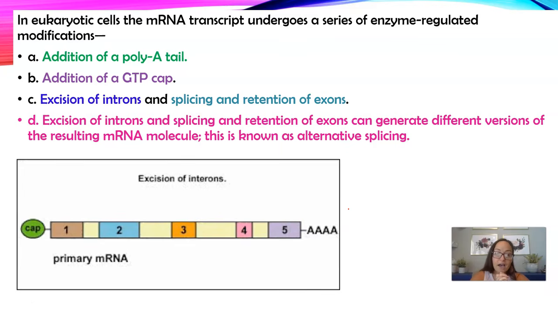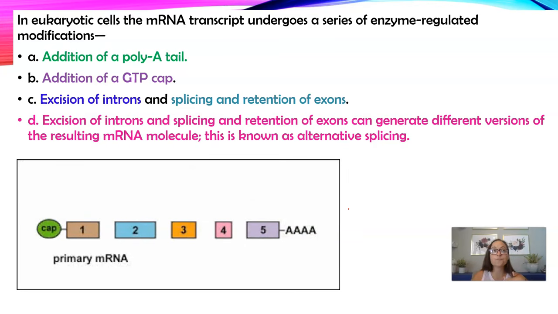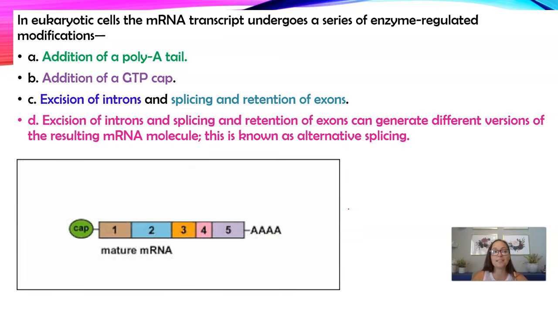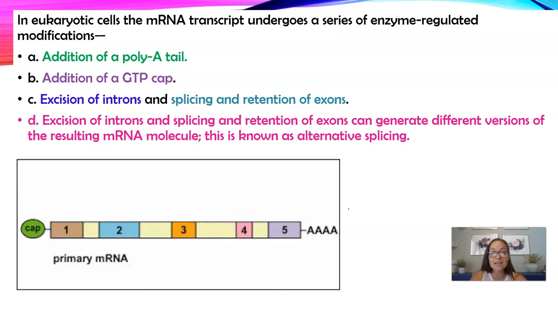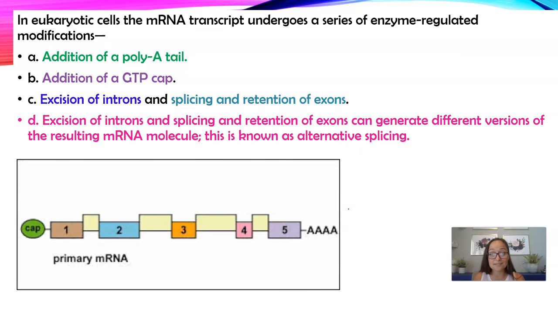So here we go. The first step is to identify introns versus exons. You could get confused on this, but I want you to think about exons as the region that is expressed in gene expression. That's the important part. And then introns are basically just in the way.